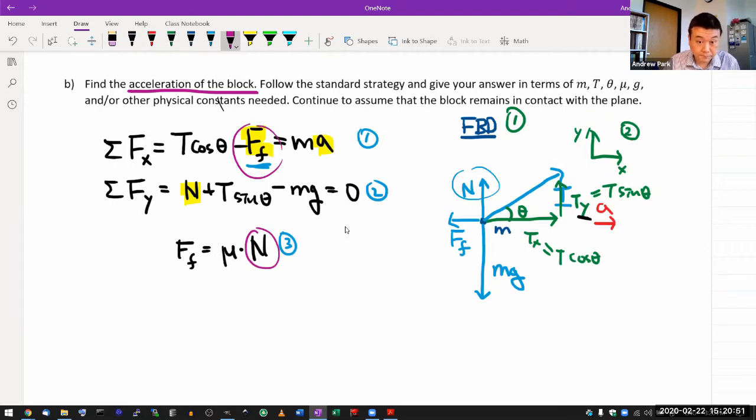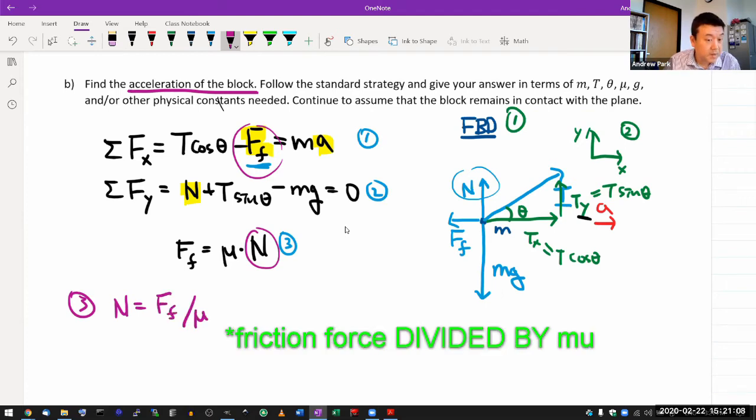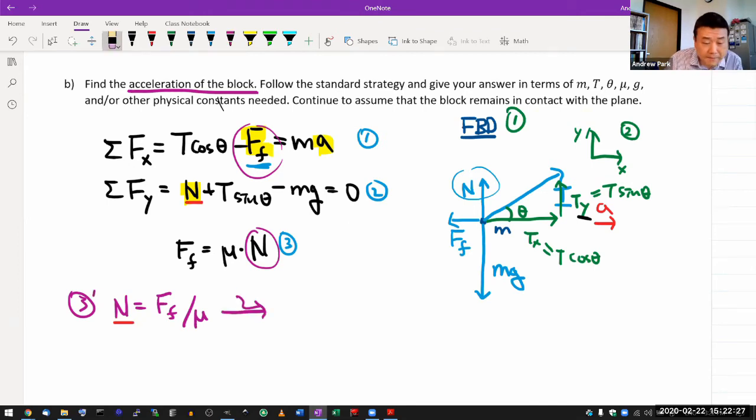So, all right, let me solve equation 3 for normal force. Then I have normal force is equal to the friction force over mu. So that's 3 prime.